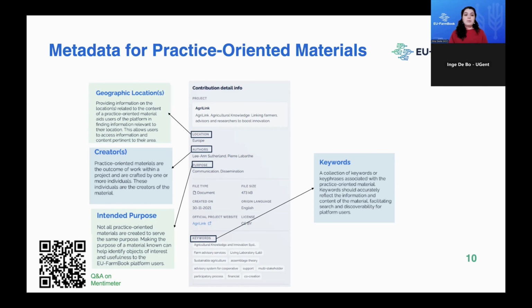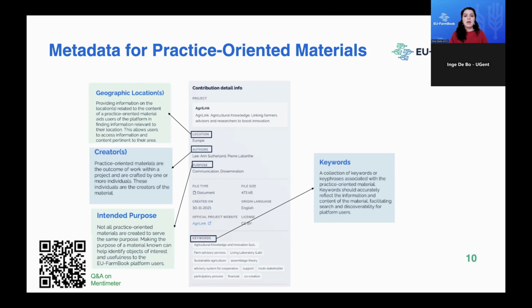Next, the most important field in the metadata is the geographic location. Providing information on the location related to the content of practice-oriented material aids users of the platform to find relevant information for their specific location. It can be either for all European Union or for all Europe, or it can be for a specific country from which our target group comes.